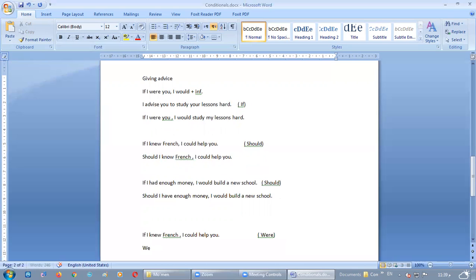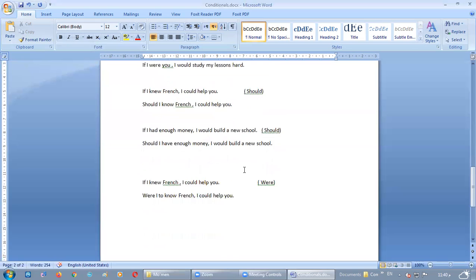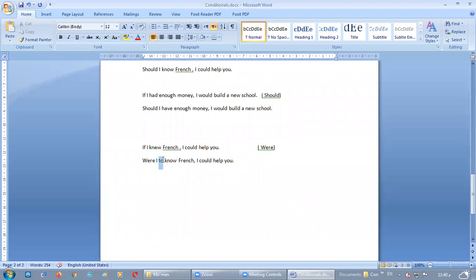I can say, were I to know French, I could help you. It's a must to put to. Here I want you to take care. If you want to use were, it's a must to put to plus infinitive. But if you want to use should, it's a must to put the verb in the base form.